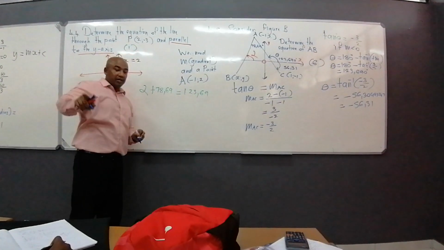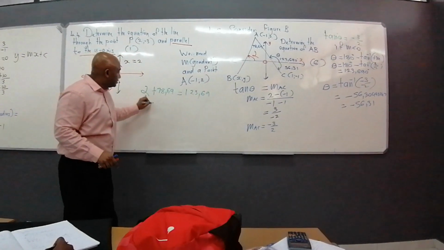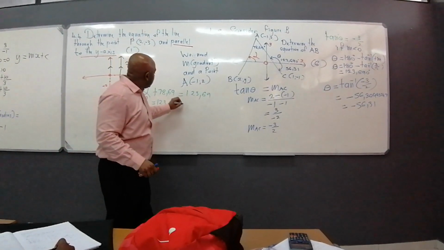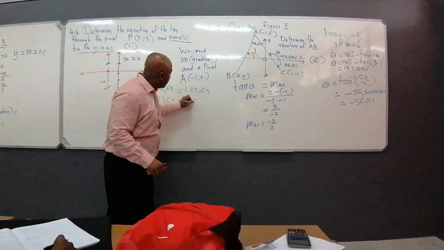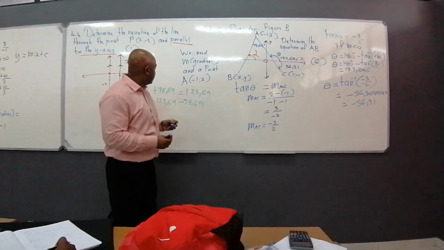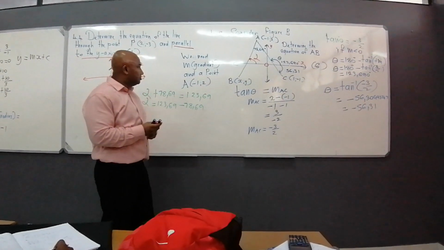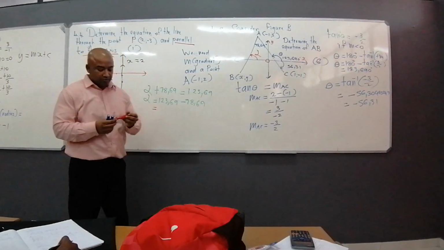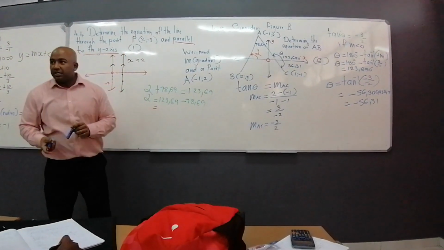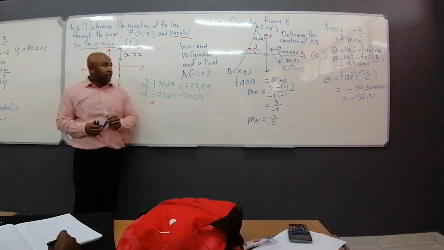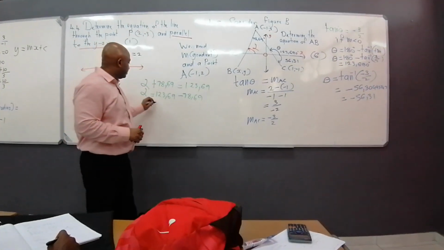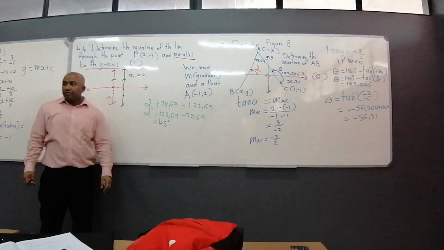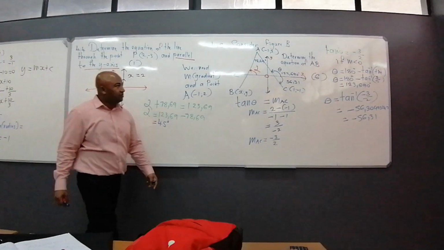Work that out for me quickly. So we get 123,69 minus 78,69, which is equal to 45 degrees. So we got that this is 45 degrees.